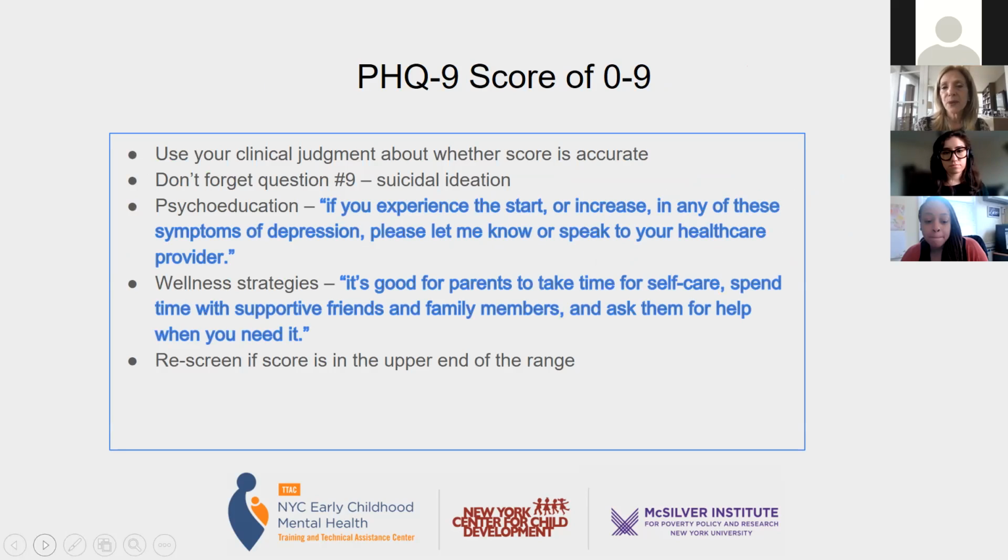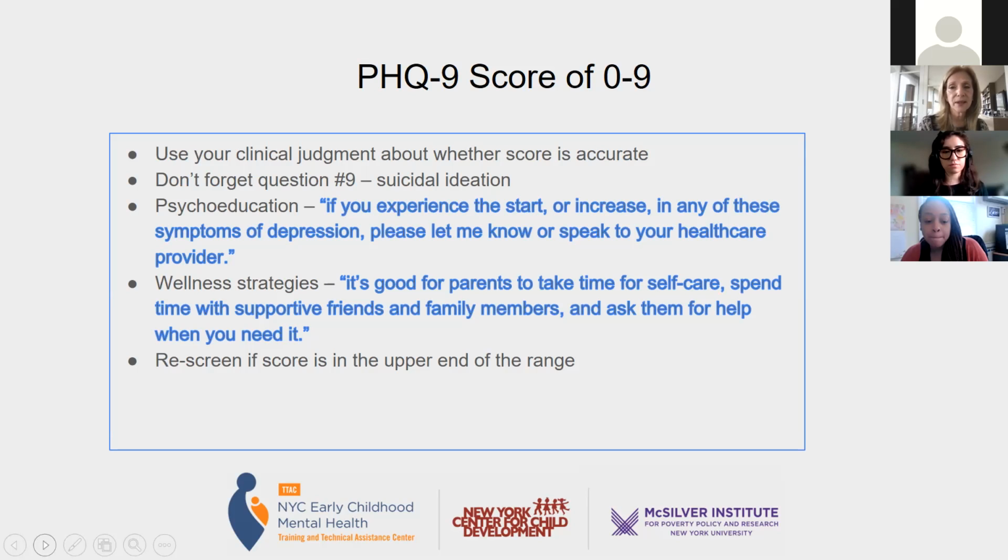If the parent has scores in that normal to mild range, first of all, use your clinical judgment about whether that seems to match the other information you're gathering. Always look at question number 9, which is the specific question about suicidal ideation. And at this low level of scores, you can say to parents, now that you know these are symptoms of depression, if any of these symptoms increase in severity, please let somebody know or speak to your healthcare provider.